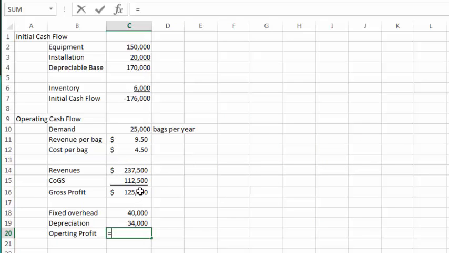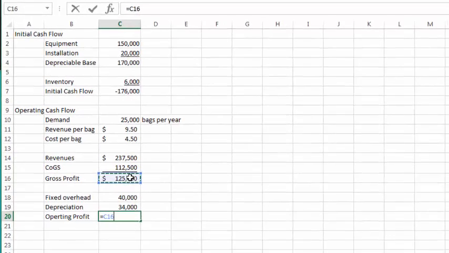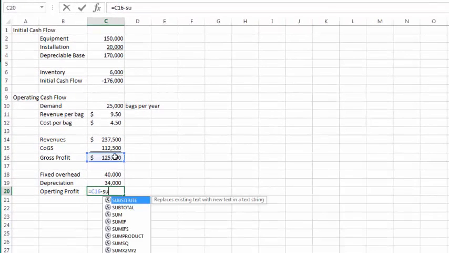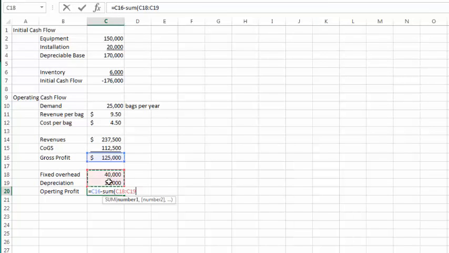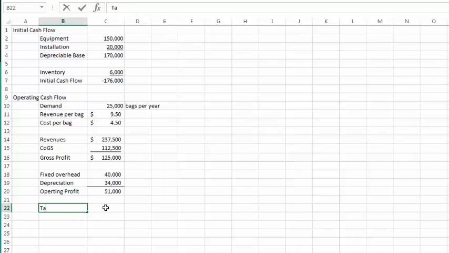Operating profit would be gross profit minus the sum of those, and I get 51,000. Then we have taxes. By the way, usually we would put interest in here, but interest is taken into account in the weighted average cost of capital, and after-tax interest is already taken into account.